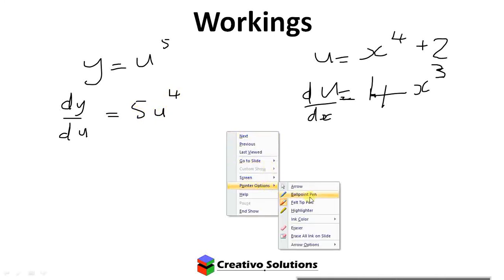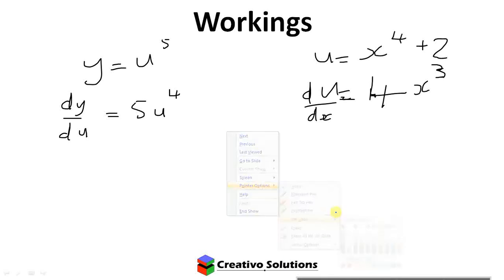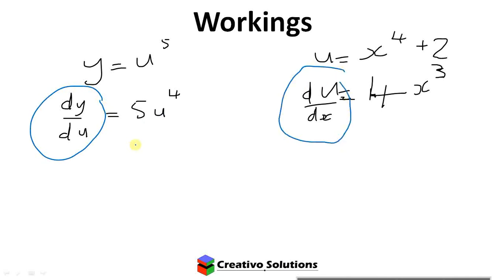Last step. Perfect. Okay, you're taking this and you're multiplying it by that. Okay, so dy over dx, let's see what you've got.